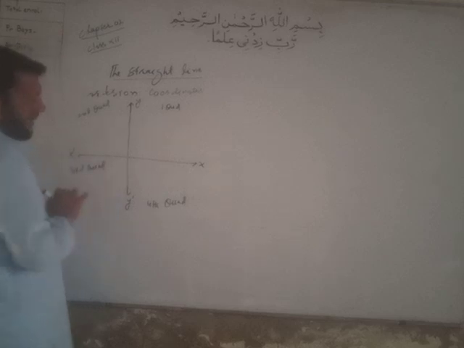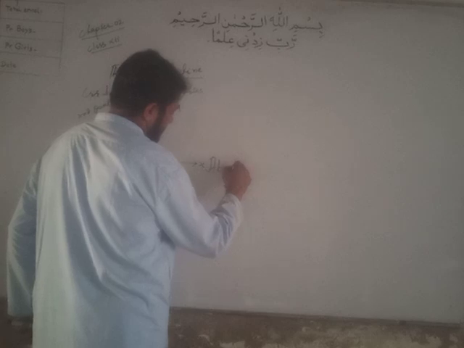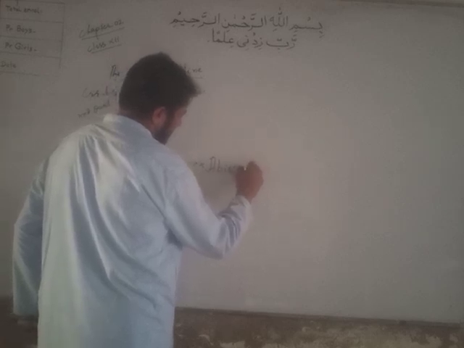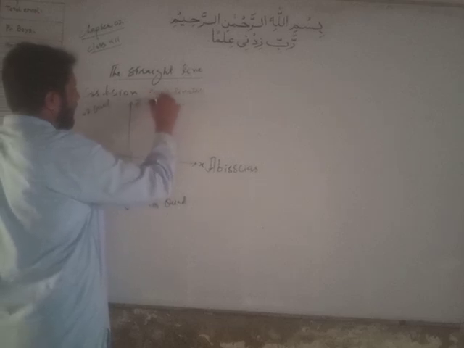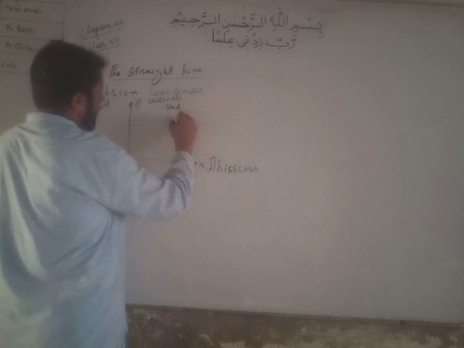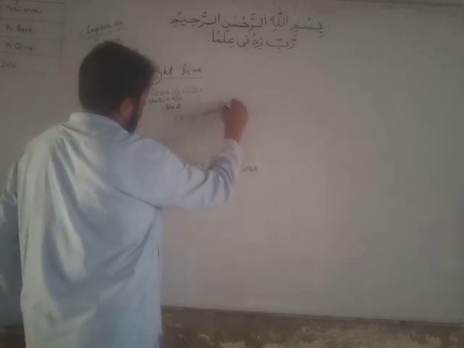Here the x value is called the abscissa and the y value is the ordinate. Both x comma y together are called the coordinate. In the first quadrant, x and y both are positive. In the second quadrant, y is positive but x is negative.